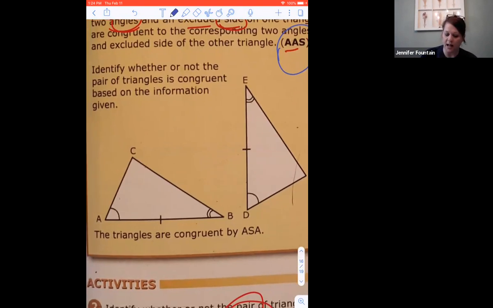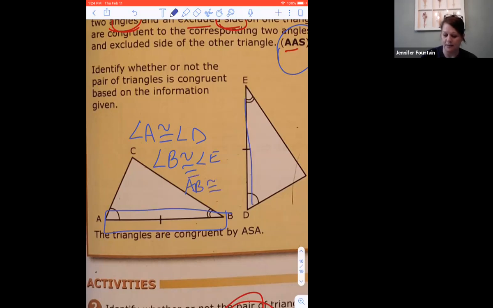So like on here, I can see that angle A is congruent to angle D. I can see that angle B is congruent to angle E. And I can see that side AB is congruent to DE. So it'll ask you, using the marks, to tell what you can tell are congruent.